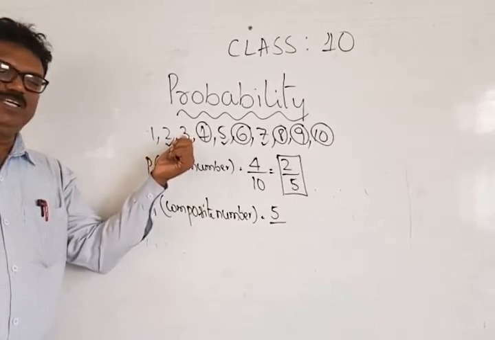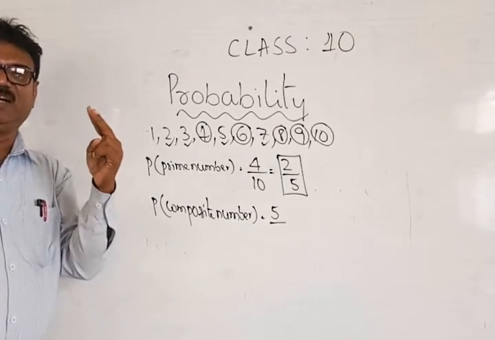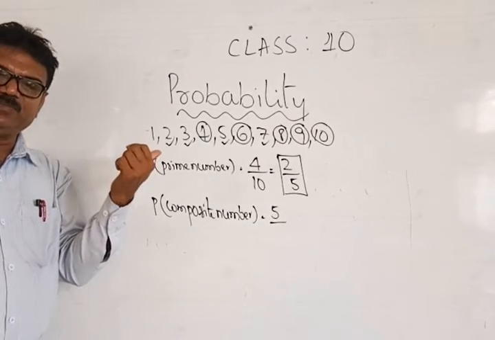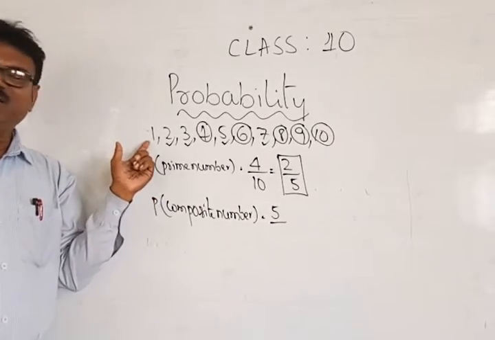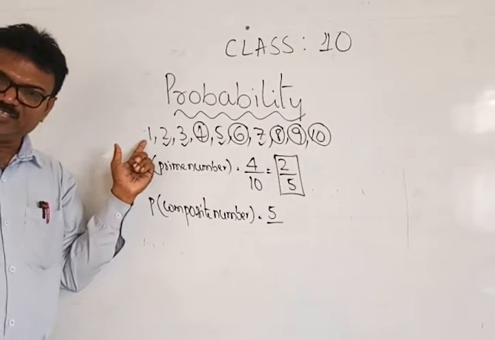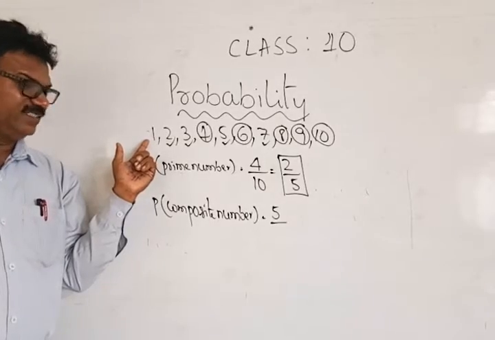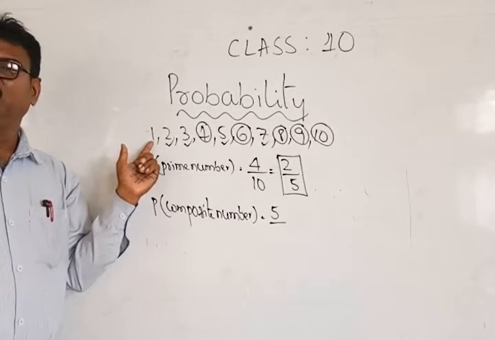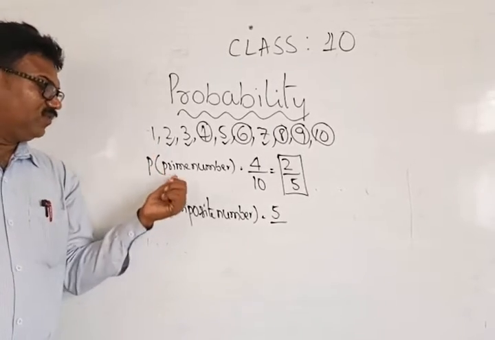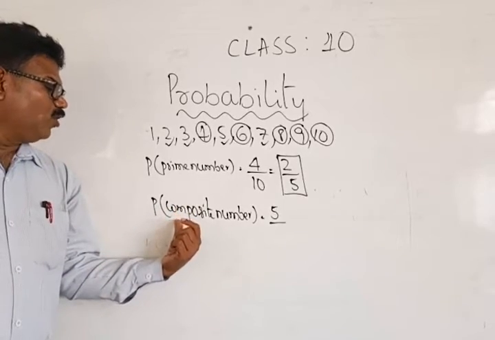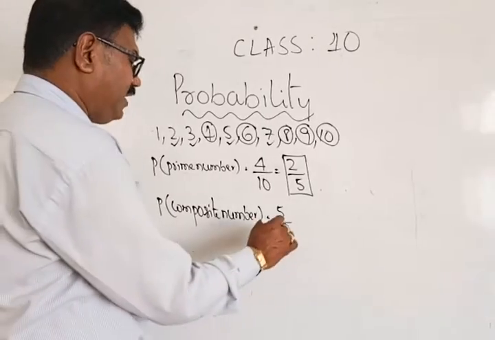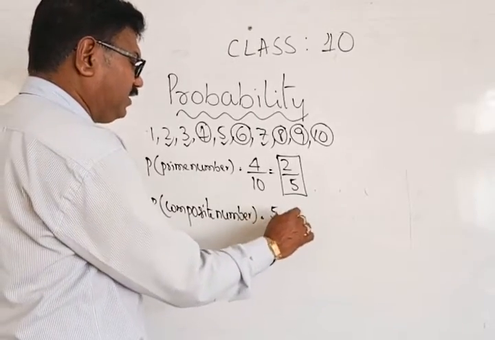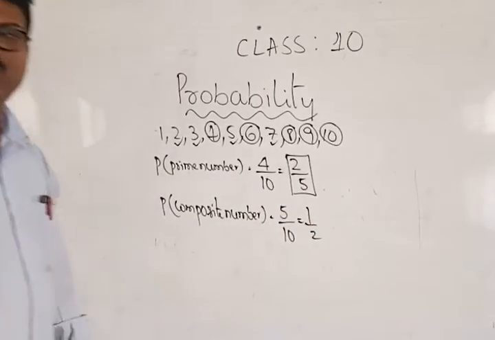But prime numbers means we want 2 factors, and composite numbers means it should have more than 2 factors. So this one doesn't have 2 factors and doesn't have more than 2 factors either. Therefore, 1 will not be counted. Therefore, probability of a composite number equals 5 divided by 10. It is nothing but 1 by 2.